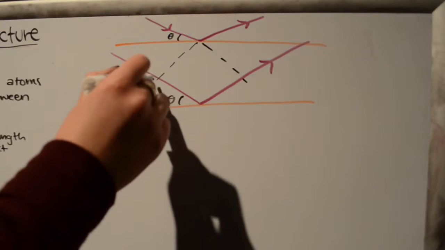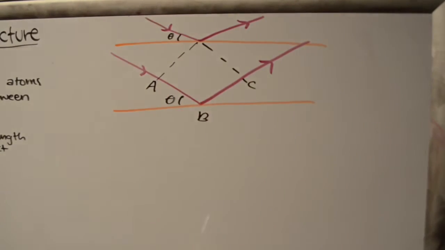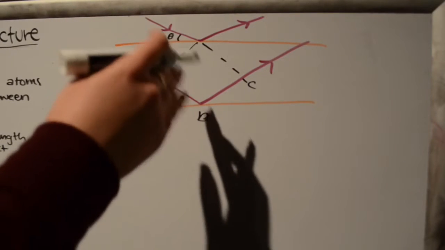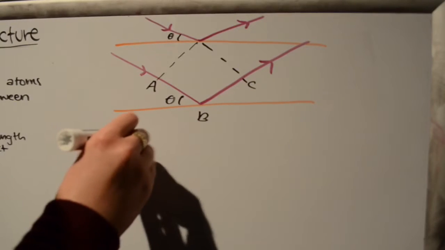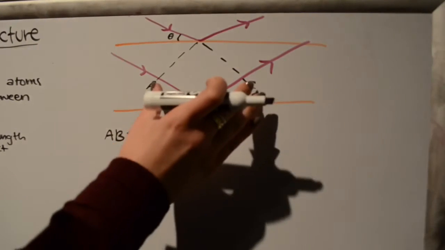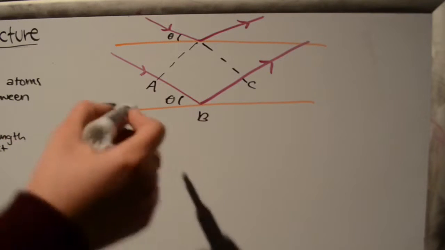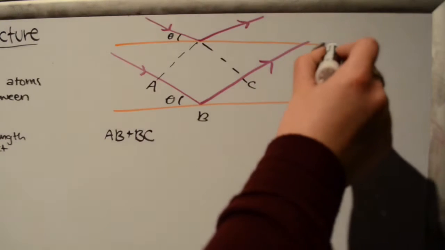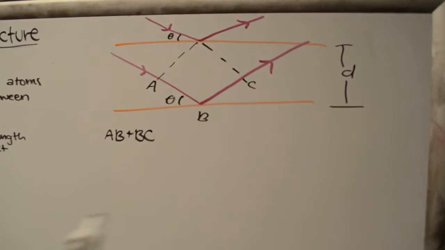So it has to travel from A to B and B to C. So the path length difference is AB plus BC, because that's the distance it has to travel farther than the first X-ray. So we can define that distance using geometry.